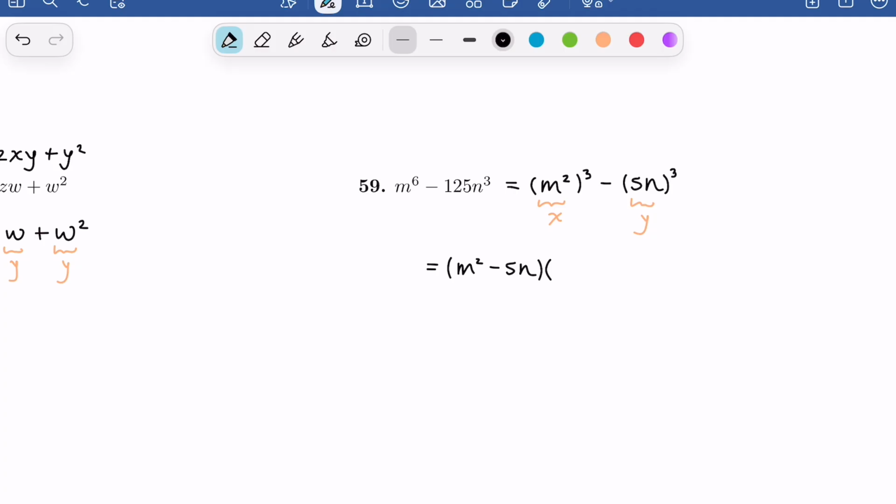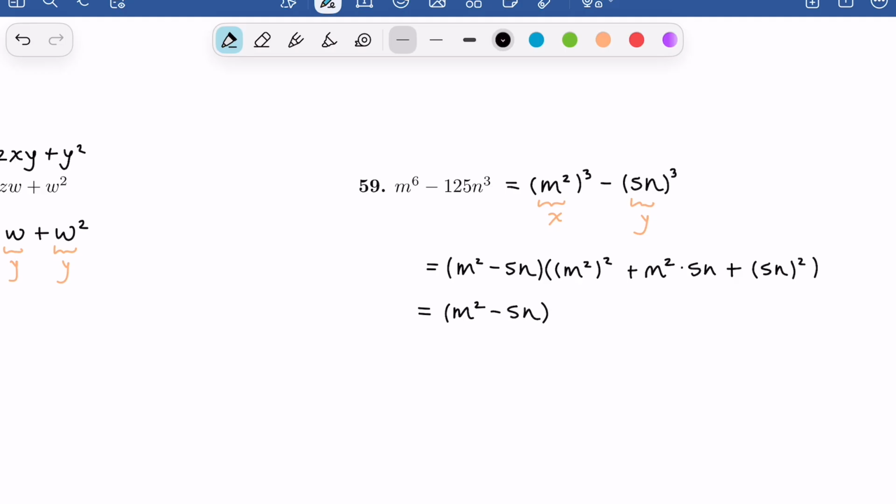Then our trinomial is going to be our x value squared, so that'll be m squared squared. Then we're going to have plus our x times y, so that'll be m squared times 5n. And then we have our y value squared, so this will be 5n squared. And again, we want to simplify all of this.